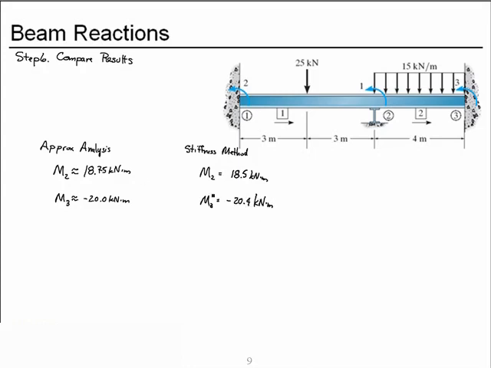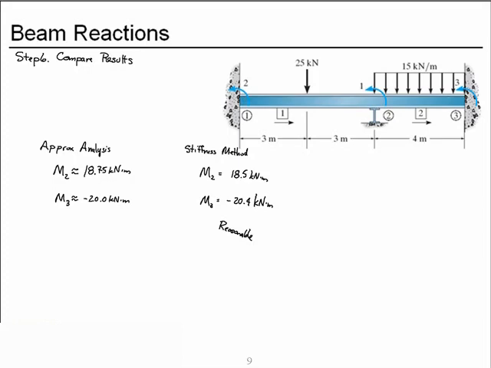When we compare the results, they're actually very similar, so we conclude that our stiffness method results are reasonable. Now I will point out our approximate analysis results were basically our fixed end forces, and so what we observed is that the continuity of the problem doesn't change the moments at the ends significantly compared to the fixed end forces if everything was fixed supported at the ends.